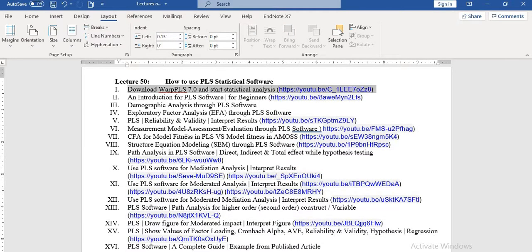In the first part, we deliver our understanding about how to download WarpPLS 7.0 and how to start the statistical analysis. Then we give you a complete introduction of the PLS software, its tools, and its buttons for beginners, that is, how to start this software for the first time.